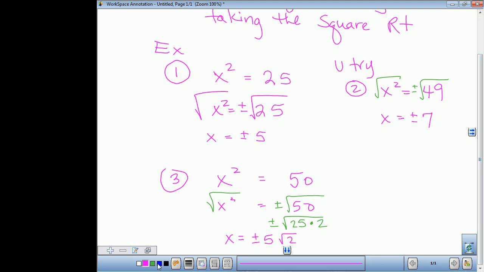Okay, let's try one like this. Let's do x squared equals 40.